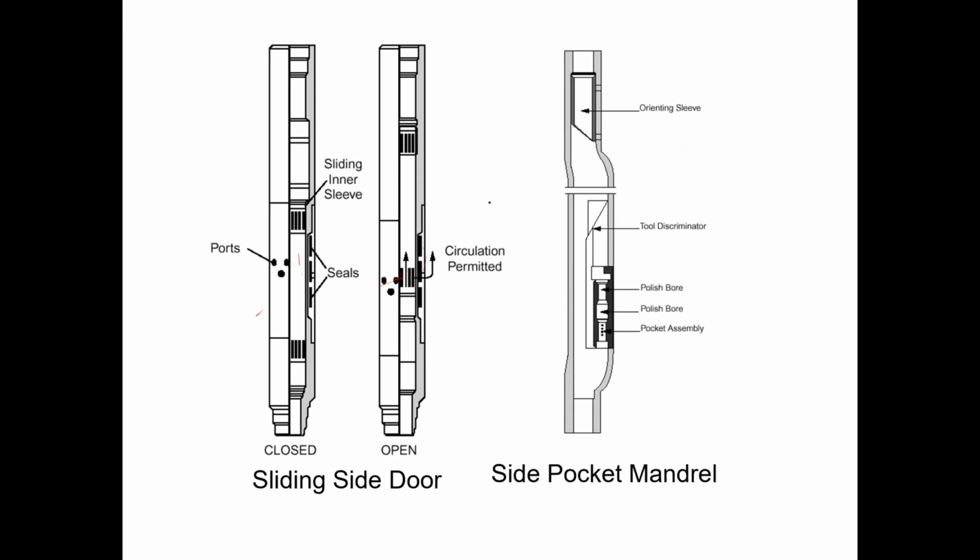Another option is the side pocket mandrel. There is an off-center cavity here where we can put valves or remove the valve, and that will create circulation between tubing and annulus.